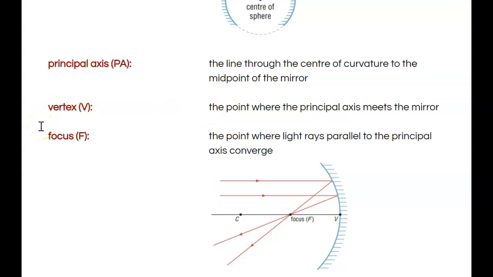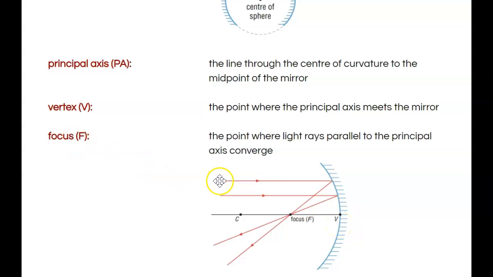The focus we haven't talked about. So the focus is that point where the light rays will converge. Okay, they will converge at that singular point called the focus. Okay, and we symbolize it by using a capital F. Now I also should point out we often will write the center of curvature as capital C and the vertex simply as V. Okay, and so what is the focus?